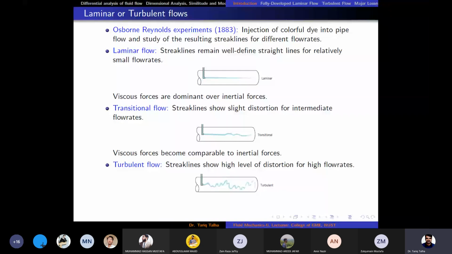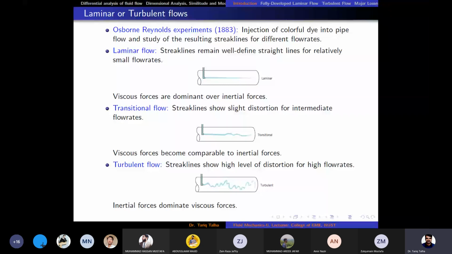That is the case when the inertial forces, which try to make the flow chaotic or random, become more dominant compared to viscous forces, which try to make the flow occur in a streamlined fashion. These experiments were conducted by Osborne Reynolds in 1883.